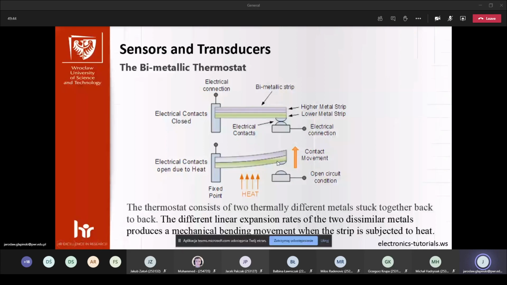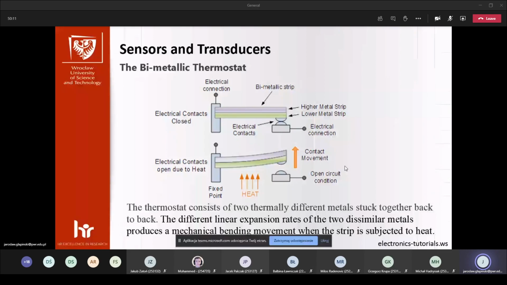So the element will move and open or close a circuit. This is the thermostat.